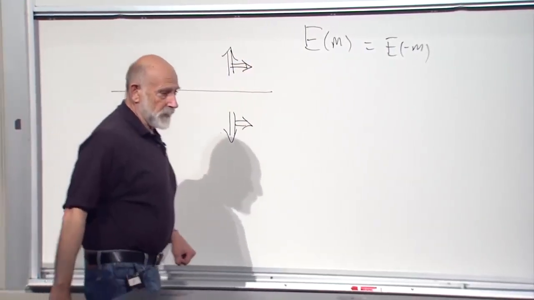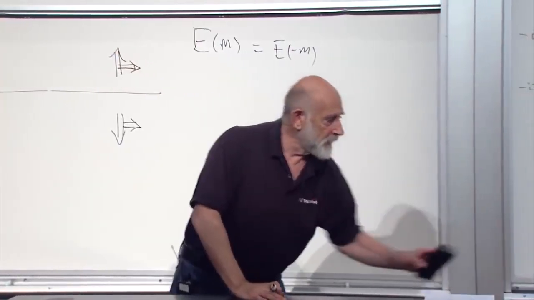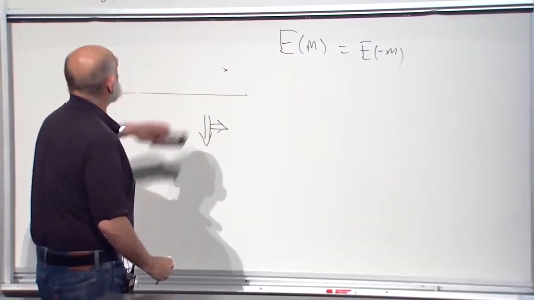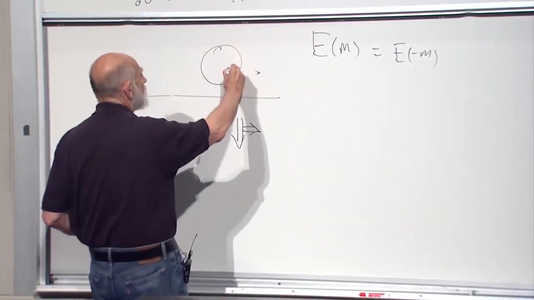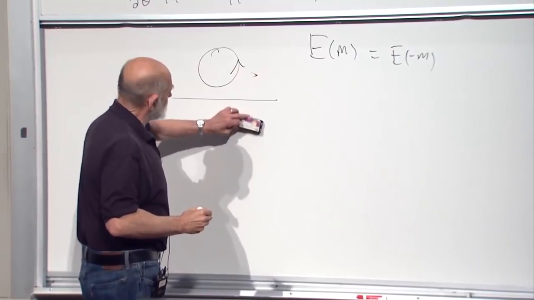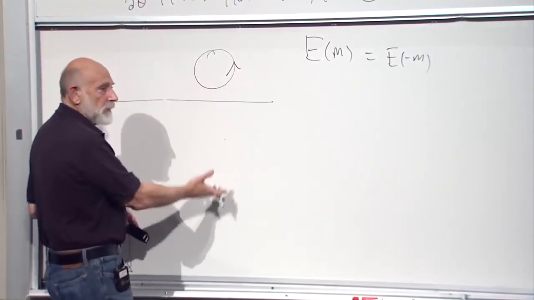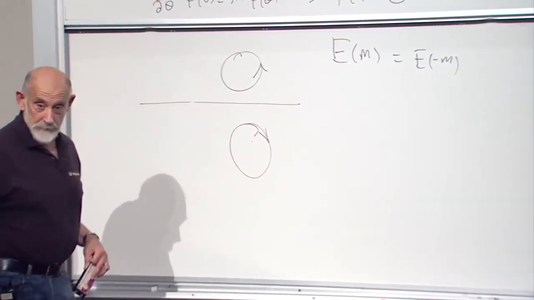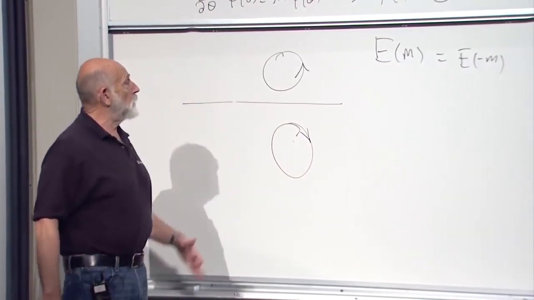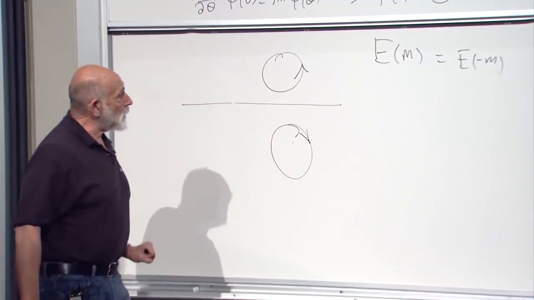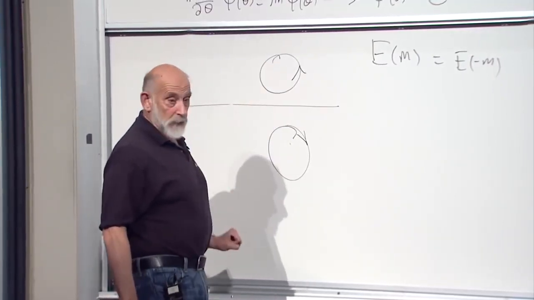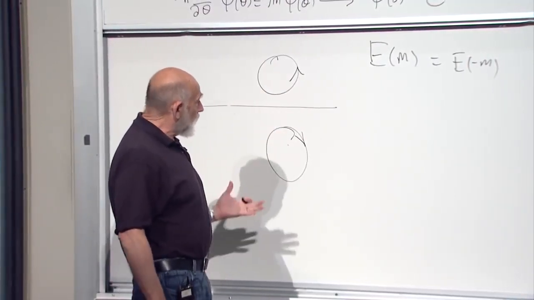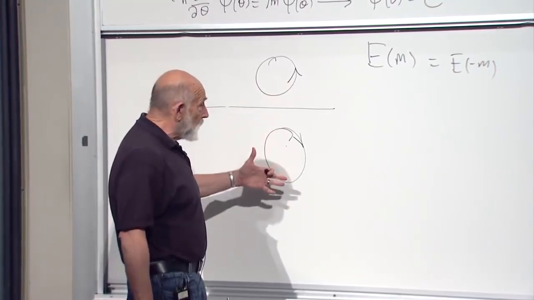Let's think about, in the upper half plane here, a circular motion moving counterclockwise. What's the mirror image of that? That's a circular motion moving clockwise. So the mirror image of a particle moving with positive angular momentum is a particle moving with negative angular momentum.